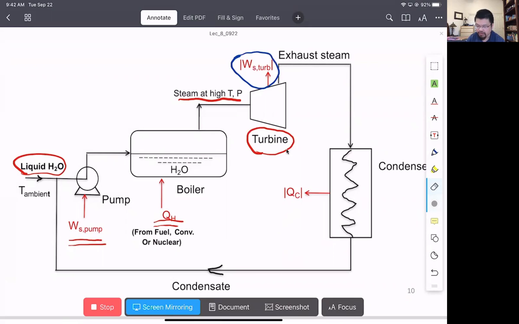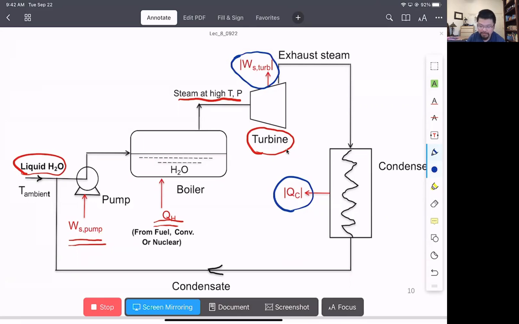So we are going to have the condenser, and then over the condenser, we are going to release the heat from the system. So that is the heat release out of the system. Then we are going to have very likely liquid water. Then we are going to transport the water back to the initial inlet of the pump to drive the cycle.